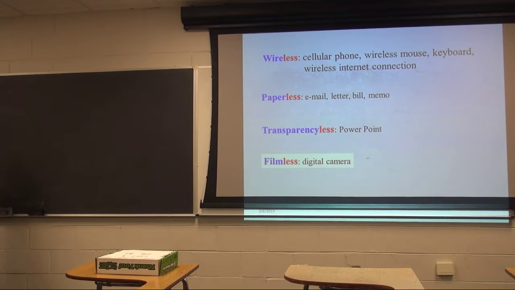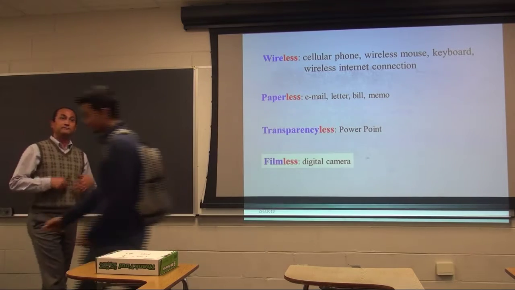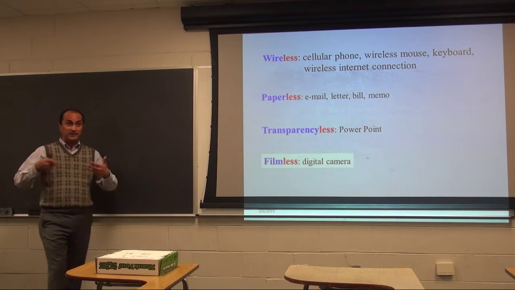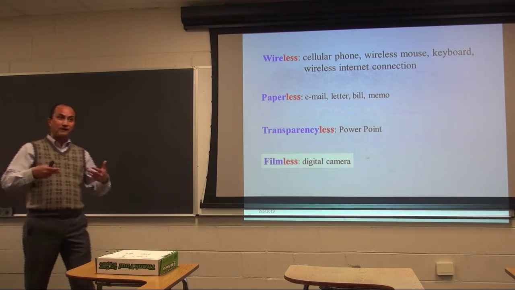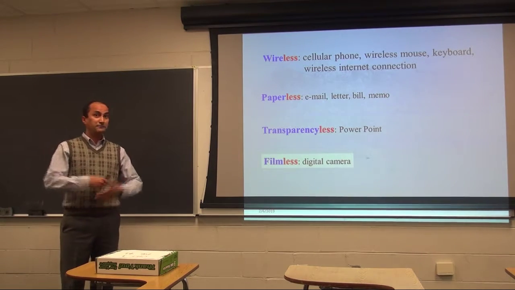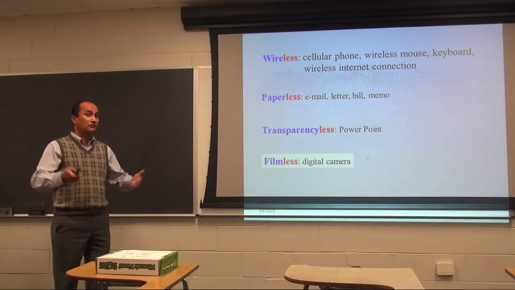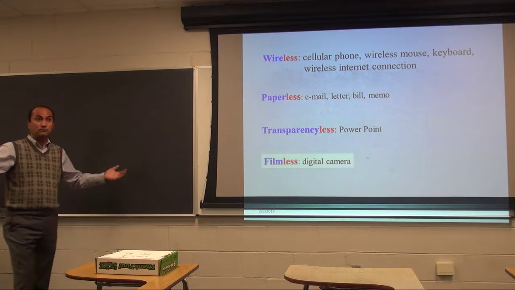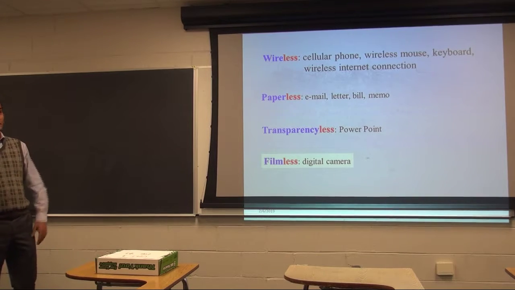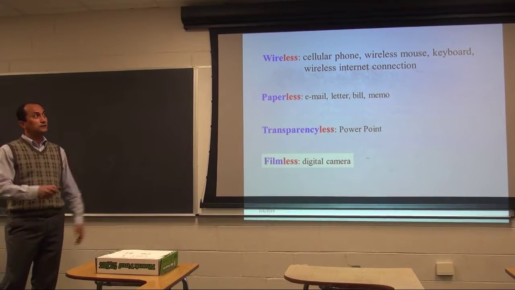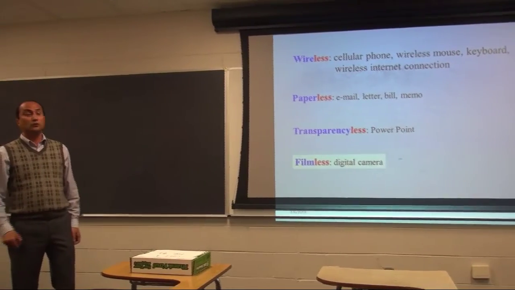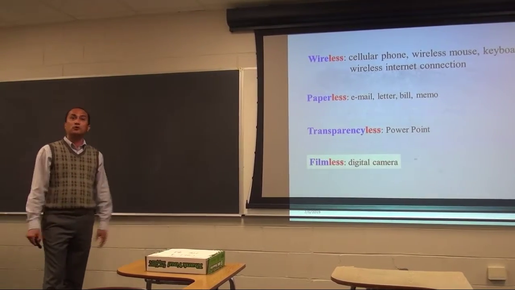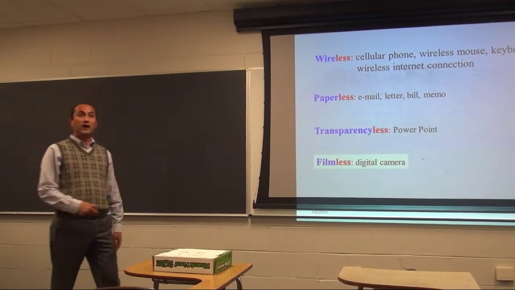So let me start with very familiar words. This is the era of less. Everywhere you see less technology. For example, wireless: there are so many wireless technologies we have so far, a cellular phone, wireless mouse, keyboard, and most importantly, Wi-Fi.